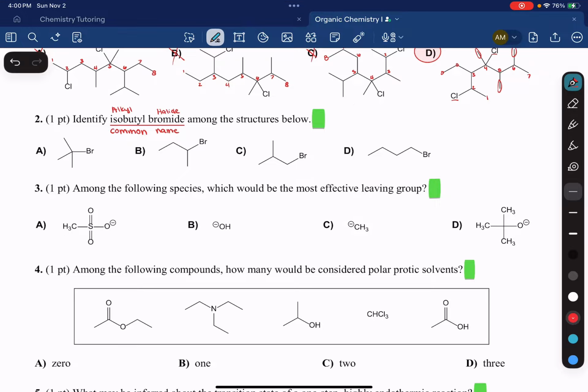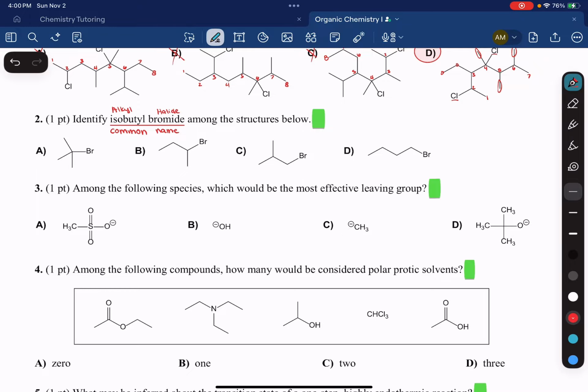So let's look. Butane. Oh, perfect. Sorry guys, I was looking for my chem notebook that had all the butanes drawn out so I don't make a mistake teaching you guys.